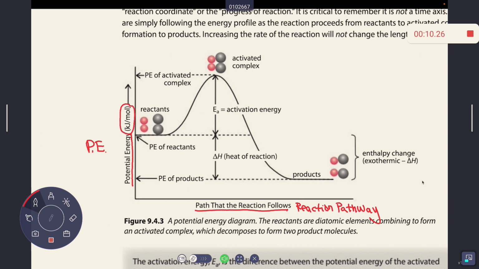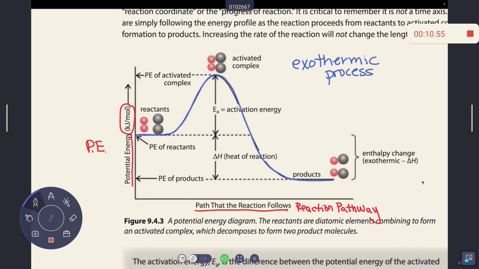Okay? Now, the curve that we have here in this potential energy diagram is a curve that represents an exothermic process. Okay, so I'm going to make a note that this is exothermic. Okay, and then we need to label the different parts. So we're going to start with the reactants.